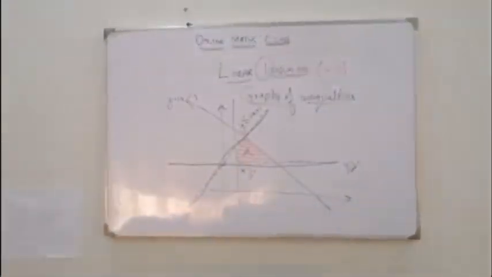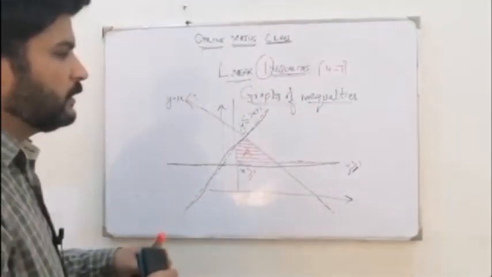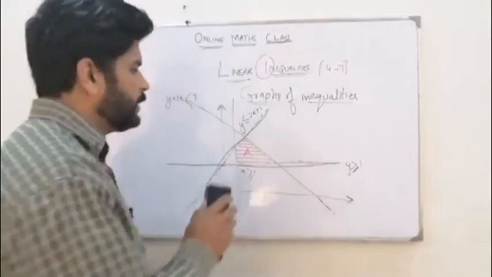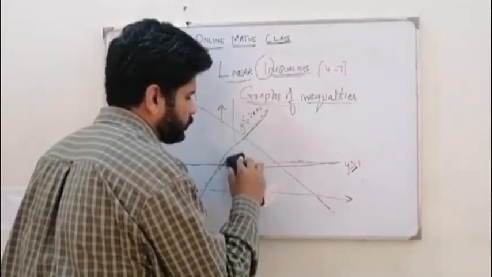Now let's talk about the second part, in which he says to shade the region that represents the four inequalities. So let's shade those.